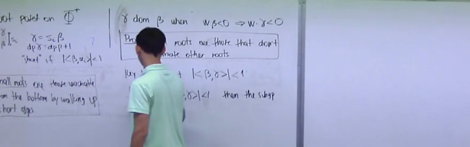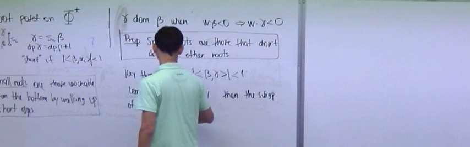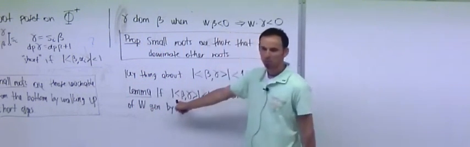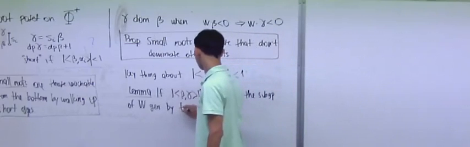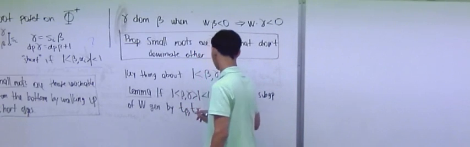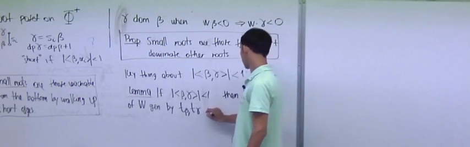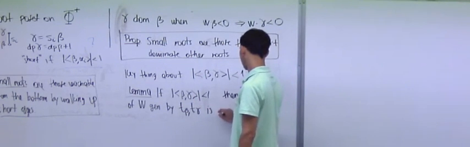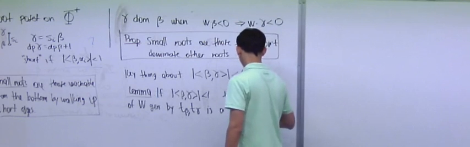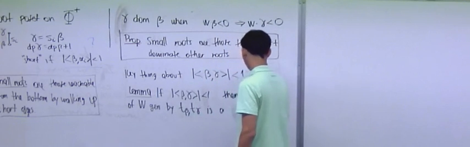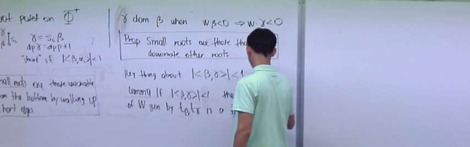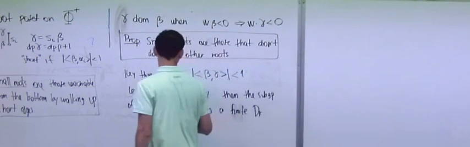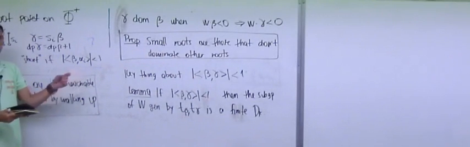Then the subgroup of W generated by the corresponding group elements, each root corresponds to a reflection, is a finite dihedral group. Okay? And so that means that this is some kind of finiteness condition.